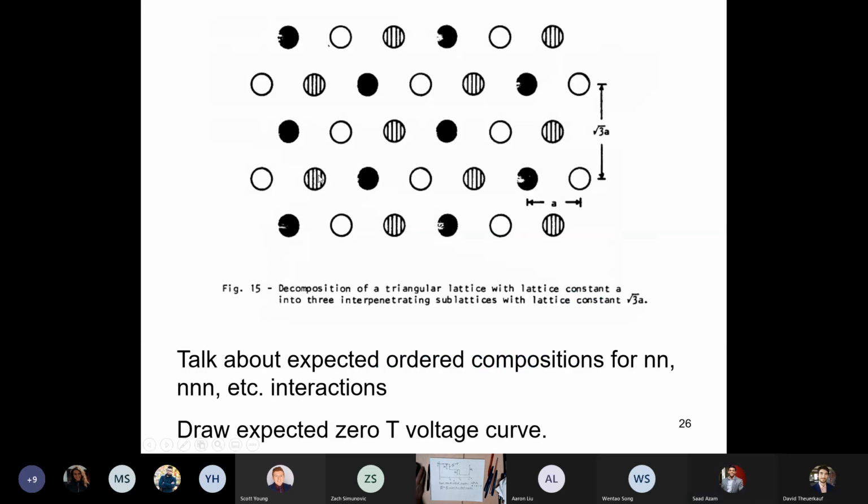Okay, so here is what these three interpenetrating sub or super lattices look like on the two-dimensional triangular lattice gas. So this is a figure from McKinnon's thesis, and what I'm doing here is coming more or less right from his thesis for the zero temperature case.